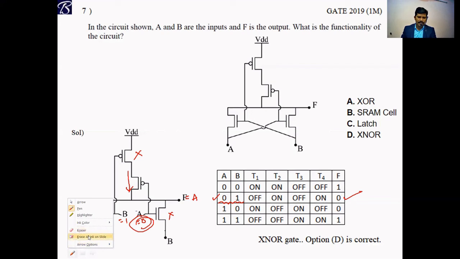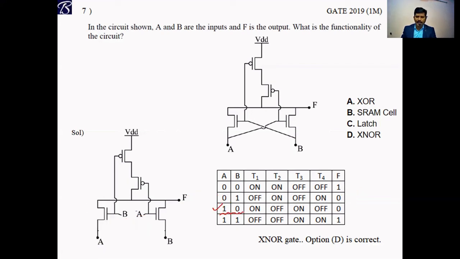And let us see the third case. Whenever A equal to 1, B equal to 0. If A equal to 1, this will be switch on and this will be switch off. So VDD is not connected, because these two PMOS are in series.